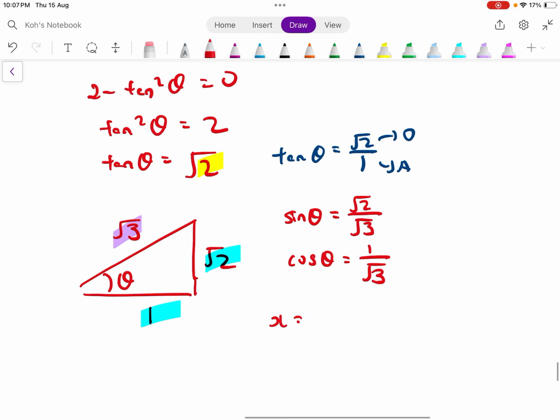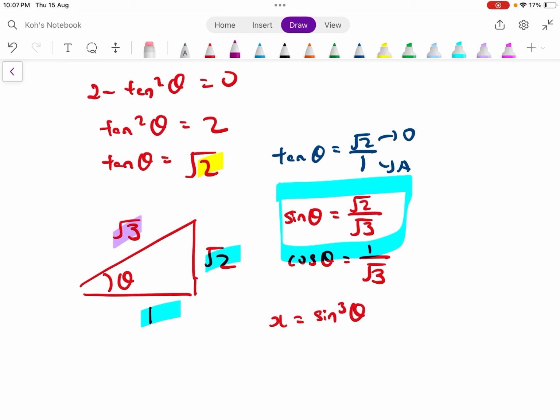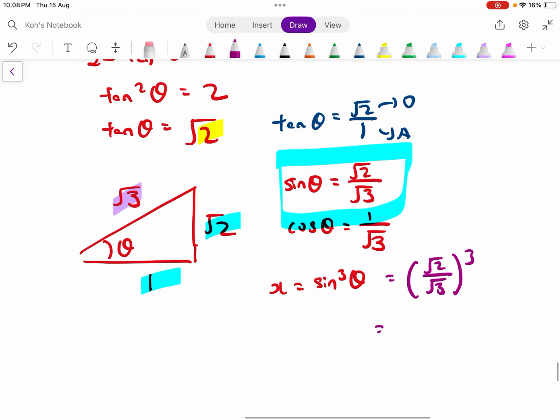Our x is sine cubed theta, and we already know sine theta, so you just need to cube the whole thing: square root 2 over square root 3, cubed. But you don't press it into the calculator, because it'll give you a not very nice number. They want the exact form.